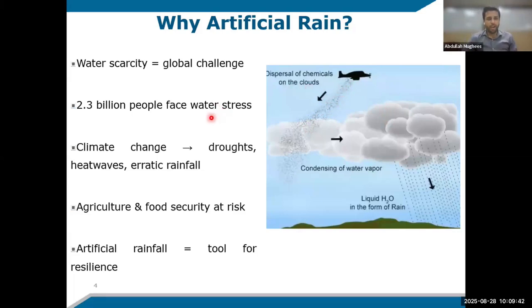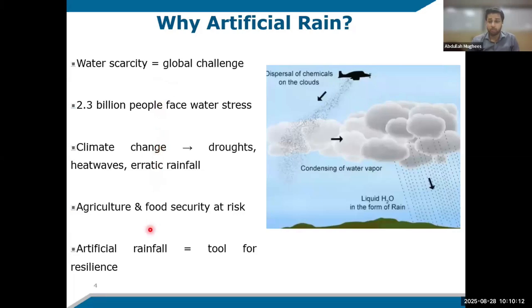So why do we need it? We do understand that we have a global challenge of water scarcity, and there are about 2.3 billion people who face water stress. And we can observe, well, not this year, but previously we have been observing a lot of droughts, heat waves, and erratic rainfall throughout the world in different parts, and we do have a lot of hot weather in some parts of the planet.